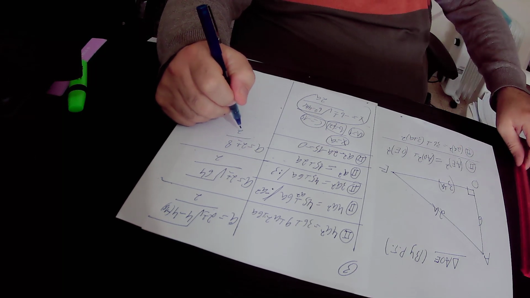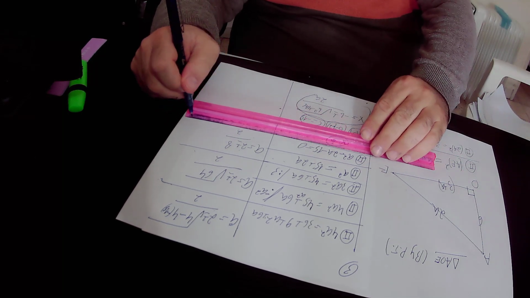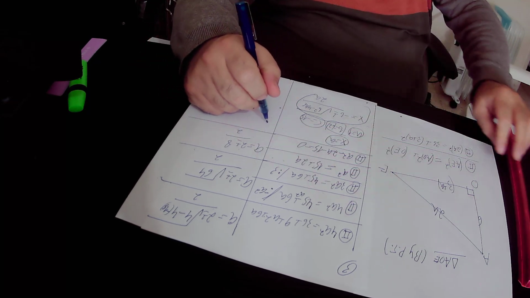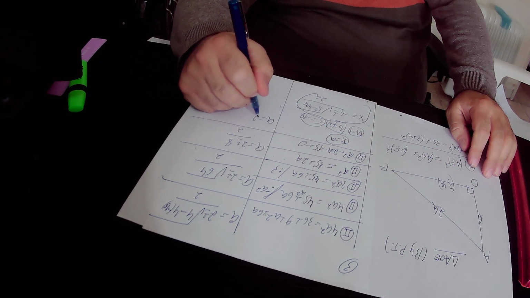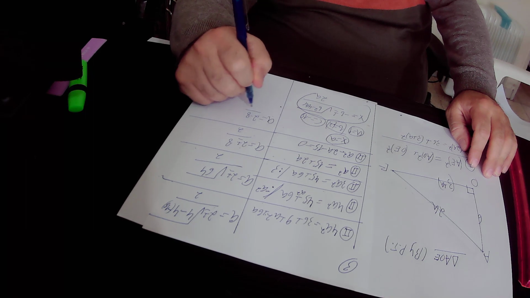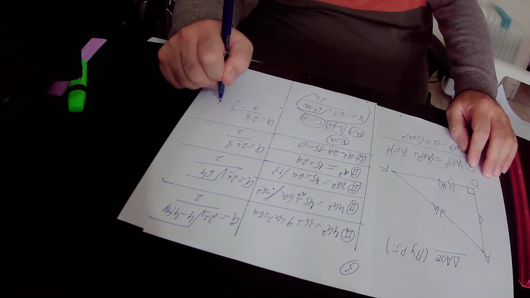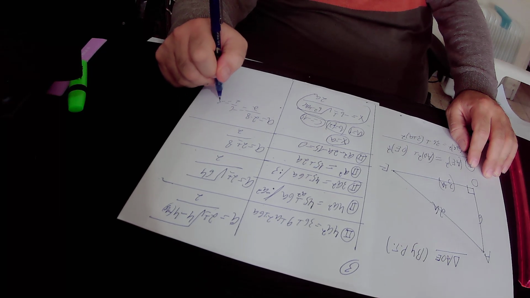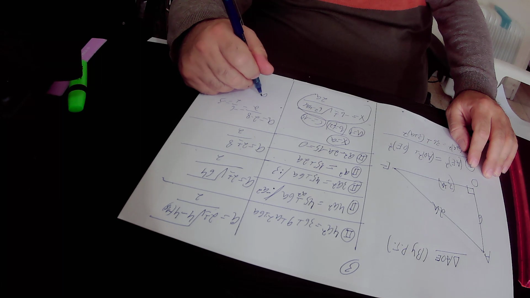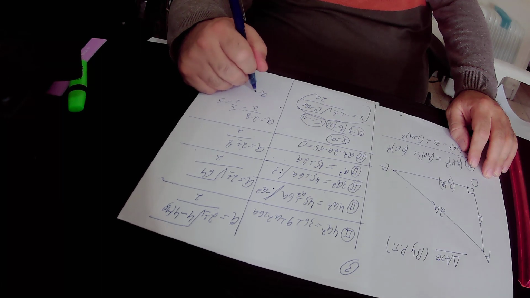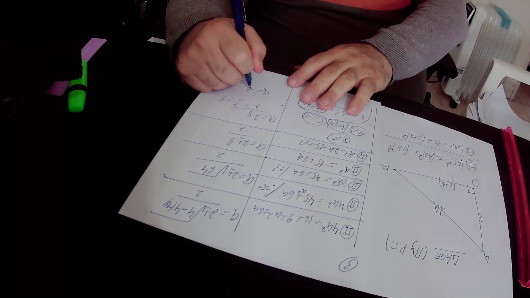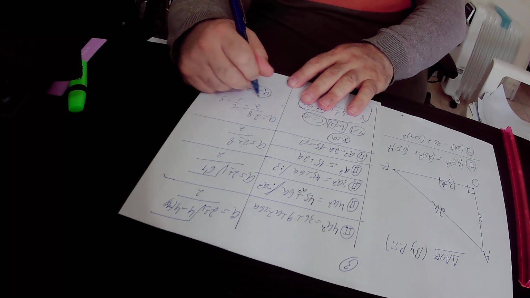So here we will have two possible solutions for a. The first solution for a is a equals 2 minus 8 over 2. 2 minus 8 is minus 6, and minus 6 over 2 is minus 3. So the first solution is a equals minus 3. That is a negative number, of course.